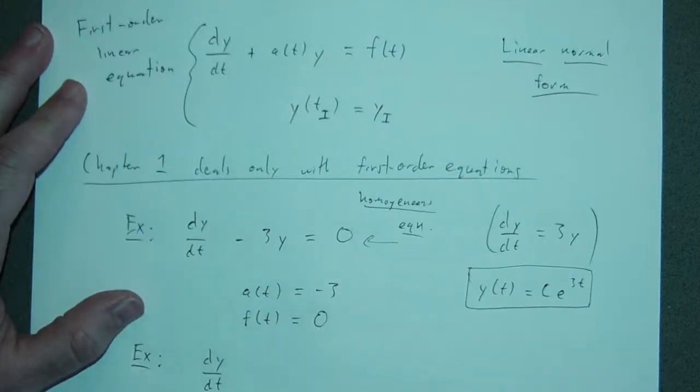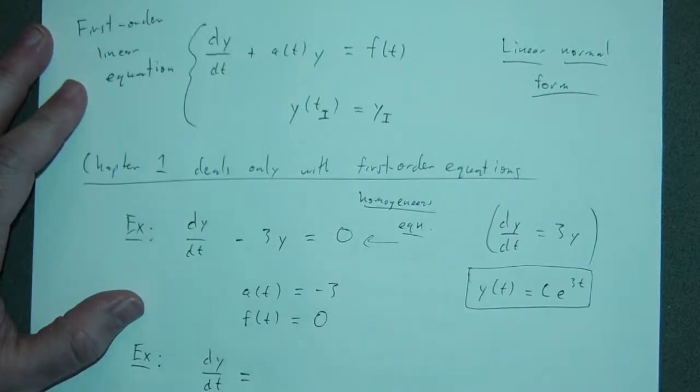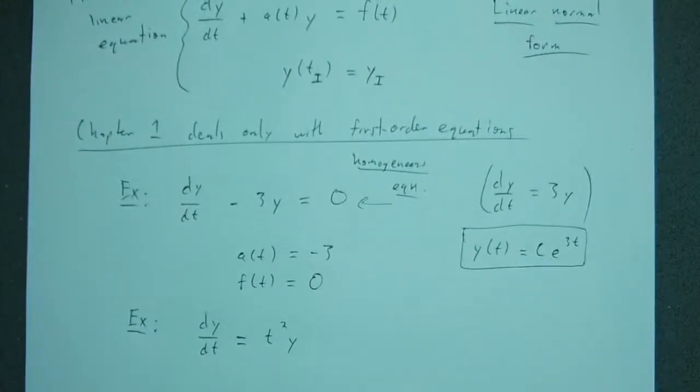So dy/dt is t squared y. Is this linear? Is this a linear equation?